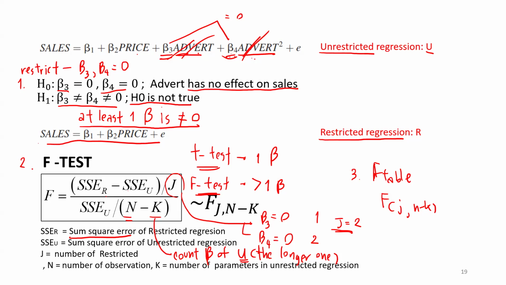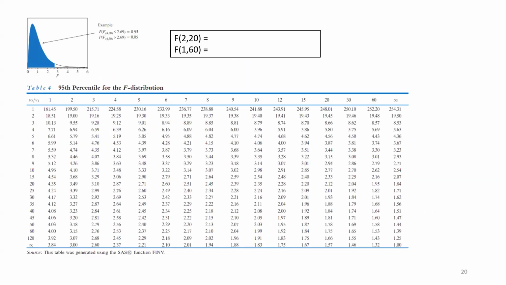So let's see slide number 20. This is the F table. Okay, to draw the F distribution, you have to draw it very positively skewed. Something is very left, and the right is very flat. So this is called positively skewed. And then they have two degrees of freedom, the upper one, V1, and the lower one, V2.